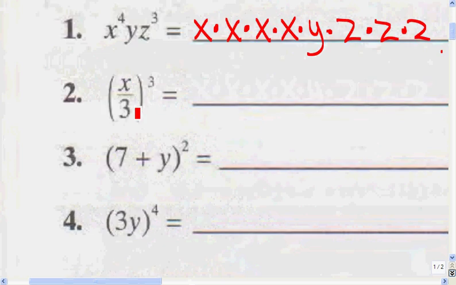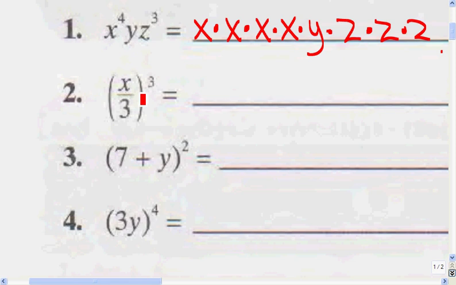Here we have an exponent of 3 with a base of x over 3. We're going to multiply x over 3, or x divided by 3, times itself 3 times, because there is a parenthesis here and the exponent is on the outside of the parentheses. So we're going to do x over 3 times x over 3 times x over 3.